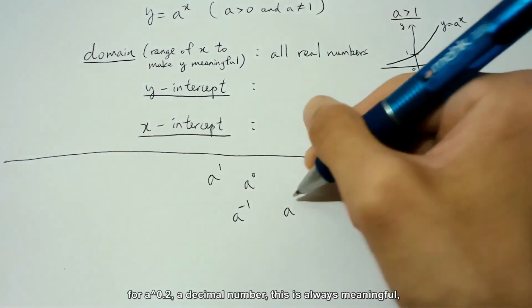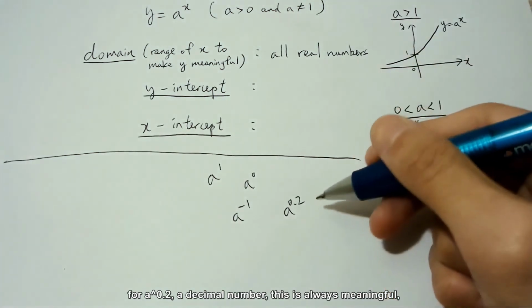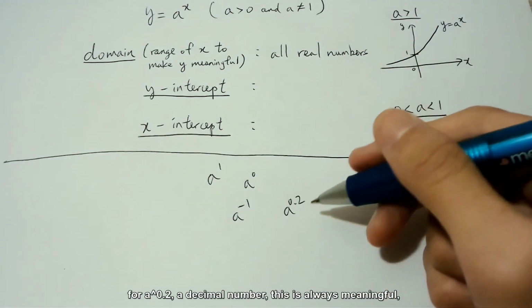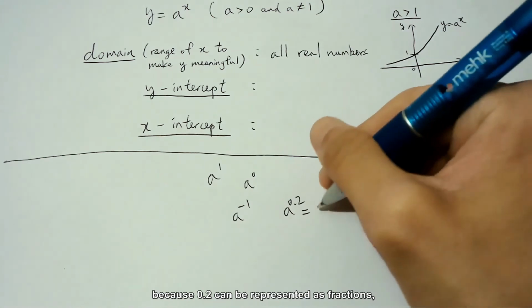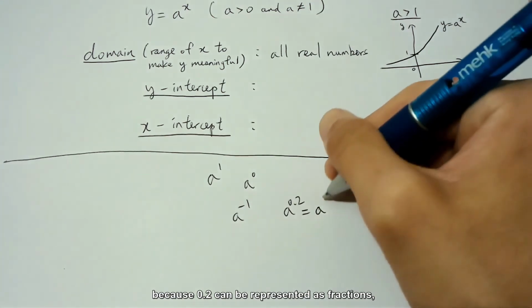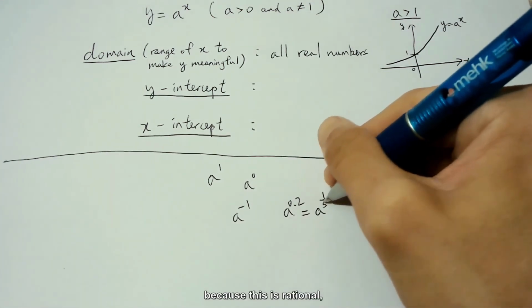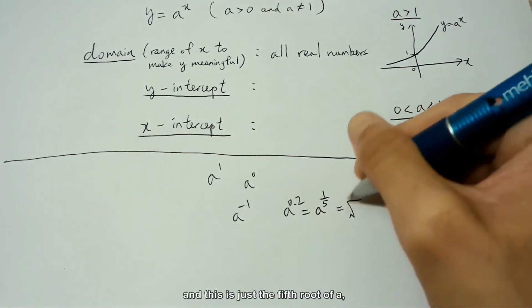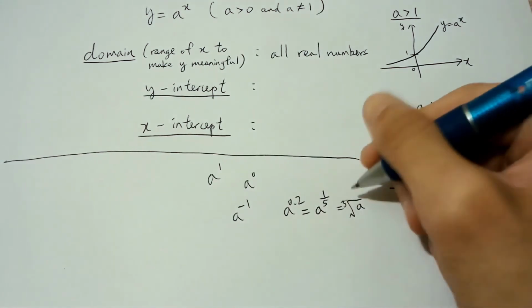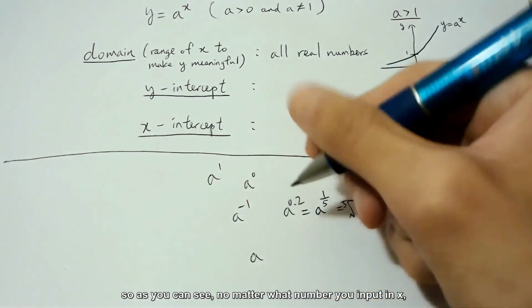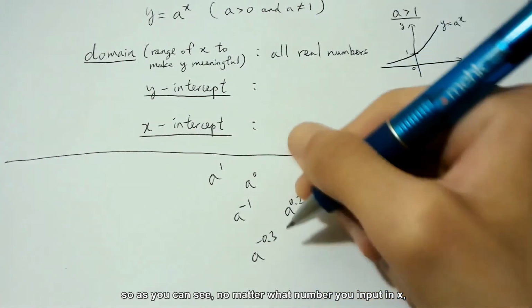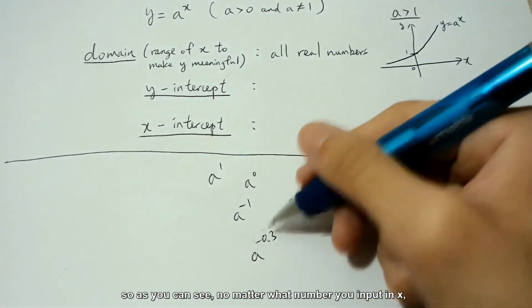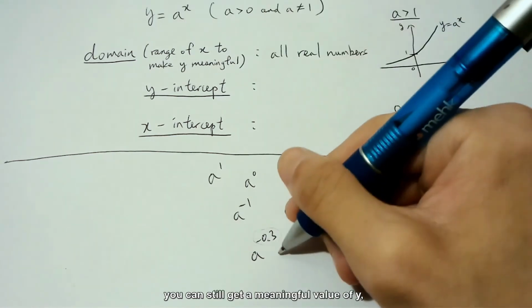For a to the power 0.2, a decimal number, this is always meaningful because this can be represented as a fraction, because this is rational and this is just the 5th root of a. So as you can see, no matter what number you input in x, you can still get a meaningful value of y.